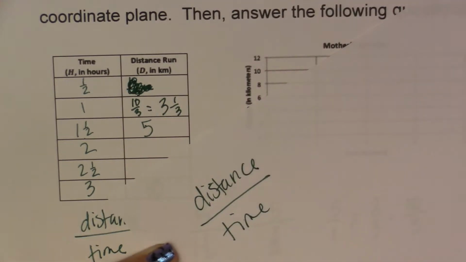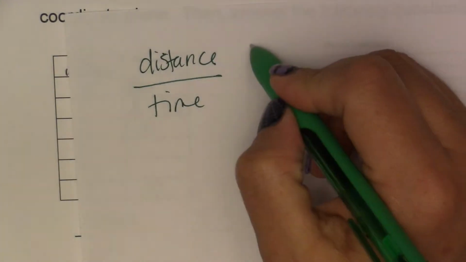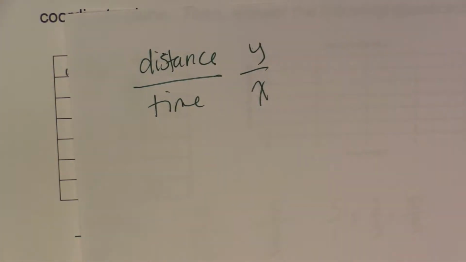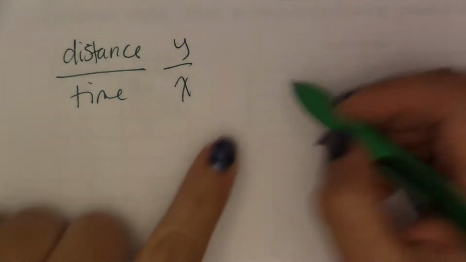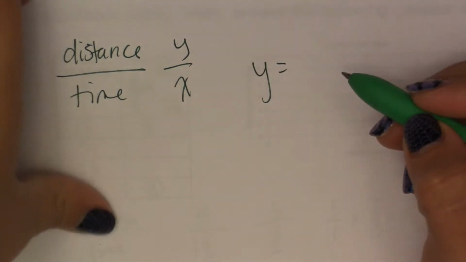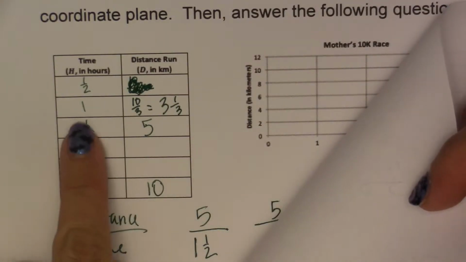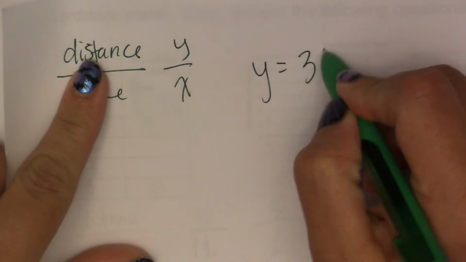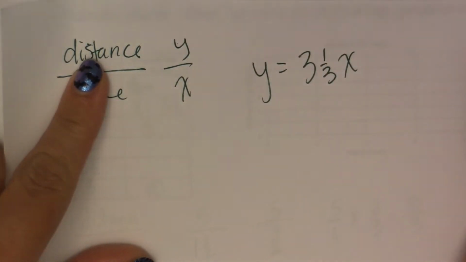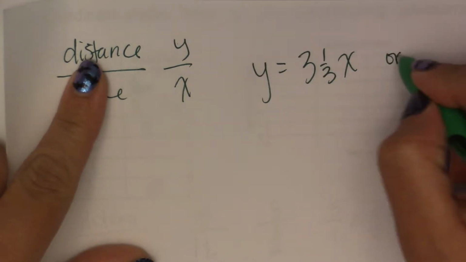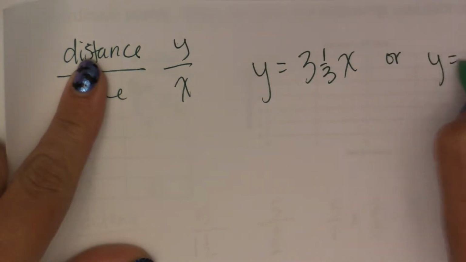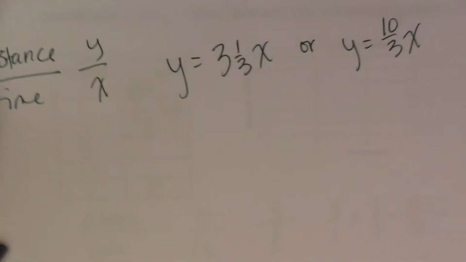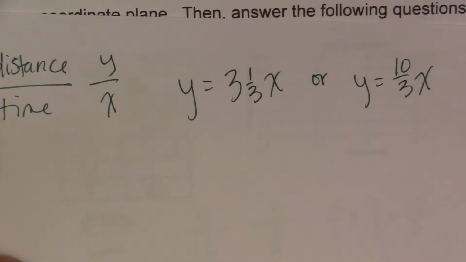So my distance is my y and my time is my x. And I know that that equation would be y equals my unit rate, 3 1/3 x. Or if you wanted to leave that as that improper fraction, 10/3 x. So you could use that version as well.